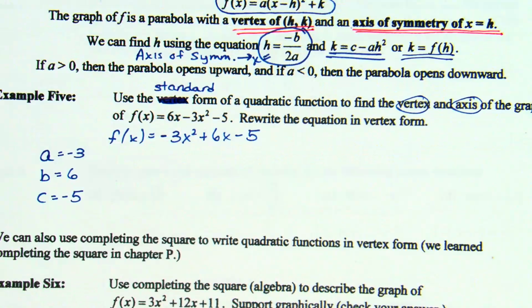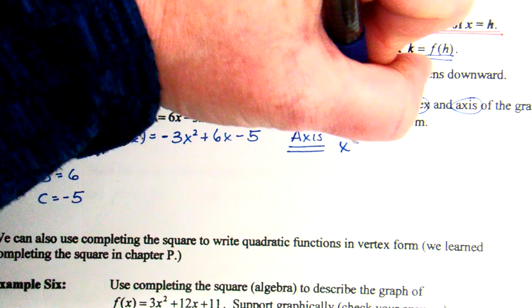Okay, so how do I find my axis of symmetry? Okay, she's up here saying something about negative 6 over 2 times something. She's using that negative b over 2a. So I tend to write x equals negative b over 2a, which for us is going to be the negative of 6 over 2 times a, which is negative 3.